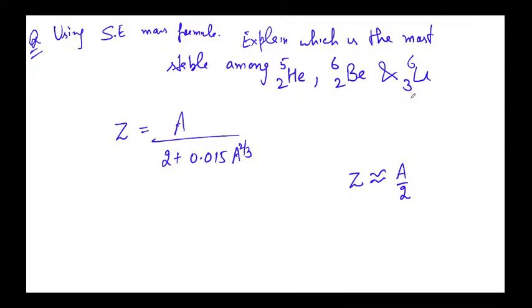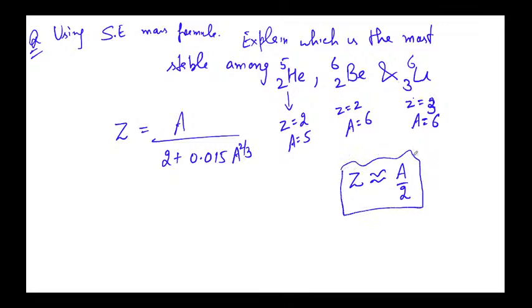Among these three, Z is 2 and A is 5, Z is 2 and A is 6, and Z is 3 and A is 6. So which is following this condition? Among these three lighter nuclei, lithium 3,6 is the most stable isobar.